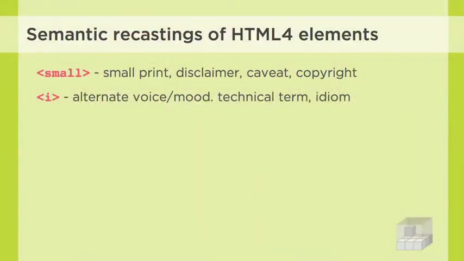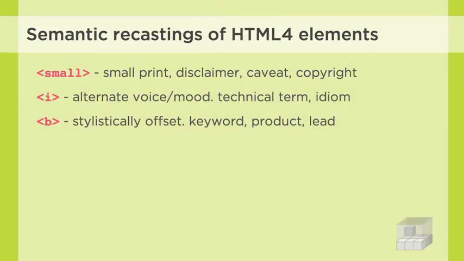So in HTML5, the i element is redefined to mean an alternate voice or mood, or perhaps a technical term, like a taxonomy, or the name of a species, or an idiom. These are all used often enough that HTML5 redefined the i element to mean this semantic, which you can now use. Of course, don't let that make you think that i just means italic anymore. Go ahead and use CSS to style it however you want.